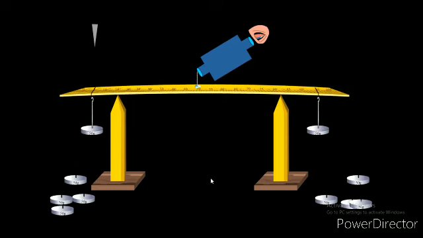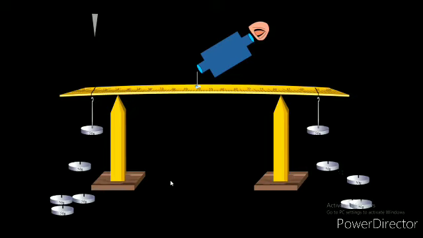Two weight hangers with dead loads are suspended, one at either side of the beam at equal distances from the knife edge, and the pin is focused through the microscope. The tip of the pin is made to coincide with a horizontal cross wire, and the reading is noted.